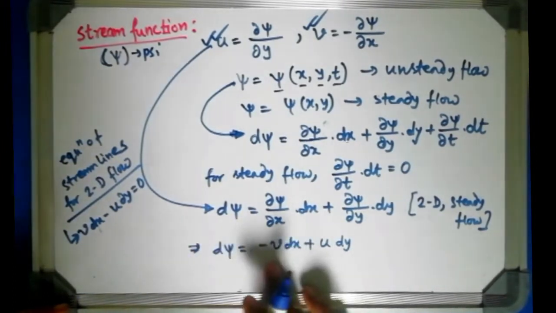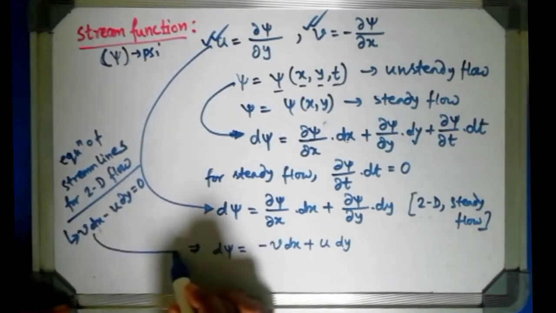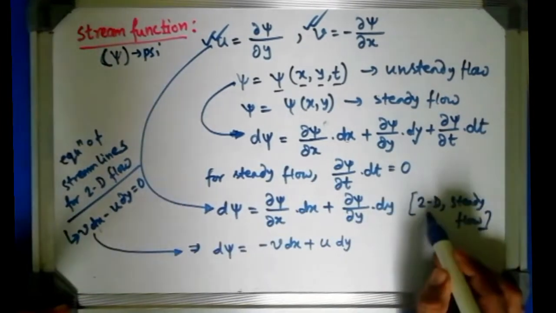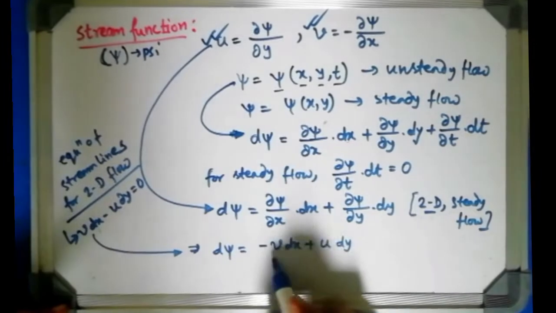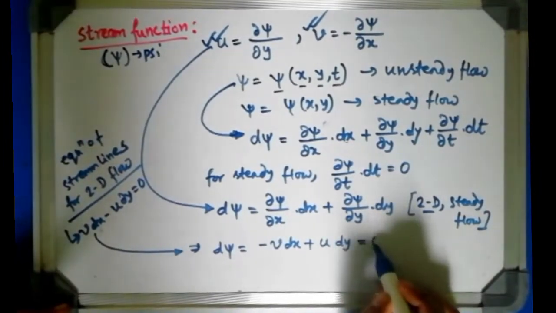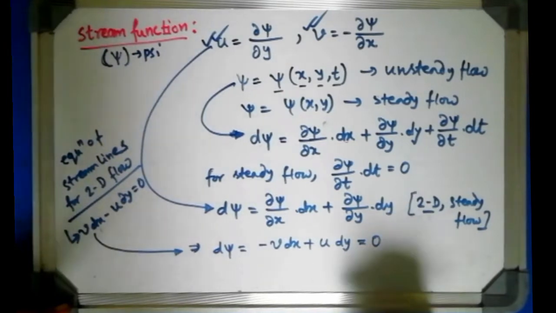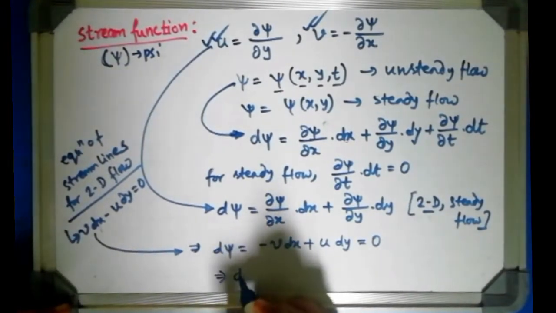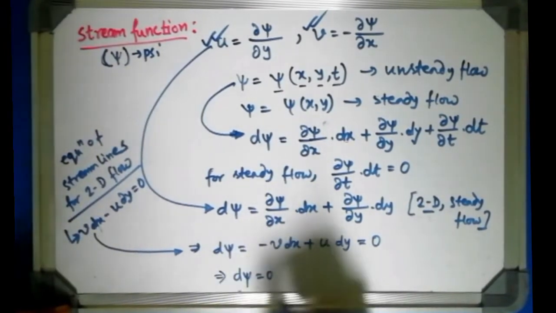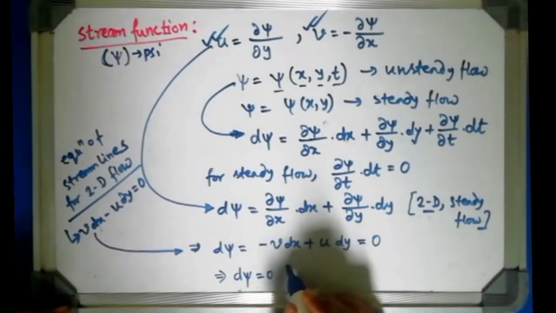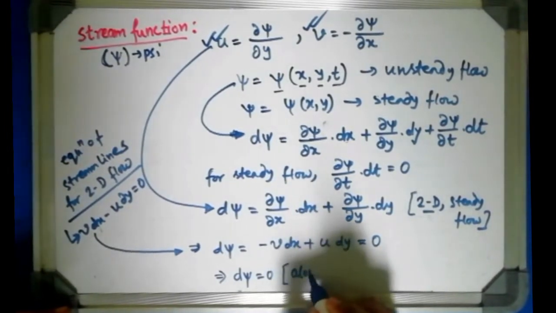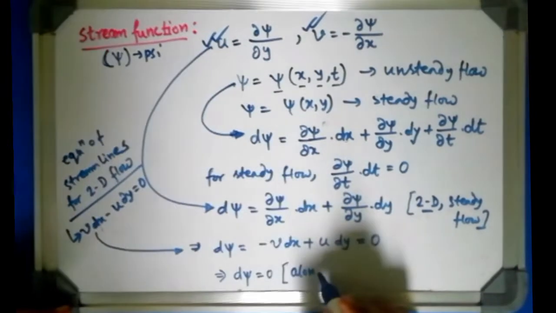So obviously if we use this concept, because here also we are considering a 2D flow, this expression is nothing but 0, using the equation of streamline for a 2D flow. So what does this mean? D psi equals 0. And obviously it is along a streamline, mind it, because we have put the streamline equation.